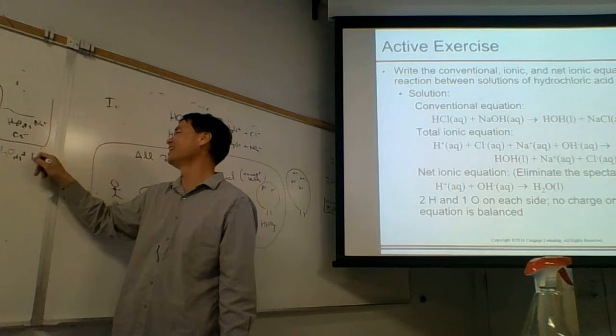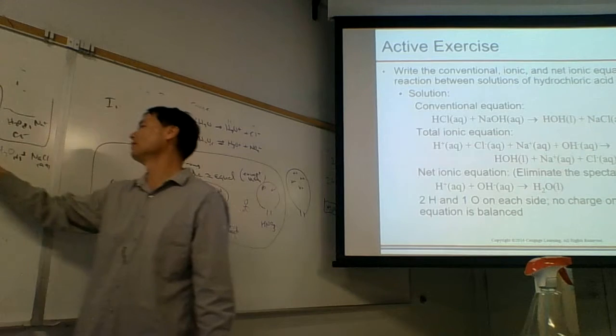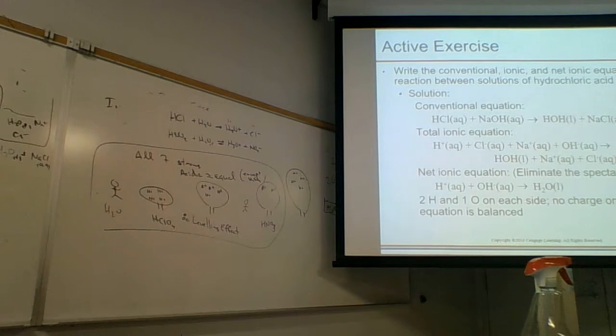The sodium and the chlorides are floating around in there. We're just going to label it NaCl aqueous, like that. And so we have chloride ions there at the beginning, floating around. We have chloride ions at the end. They're just doing nothing, floating around in solution. That's it. So it's called a spectator. We have sodium ions floating around at the beginning. We have sodium ions floating around at the end.